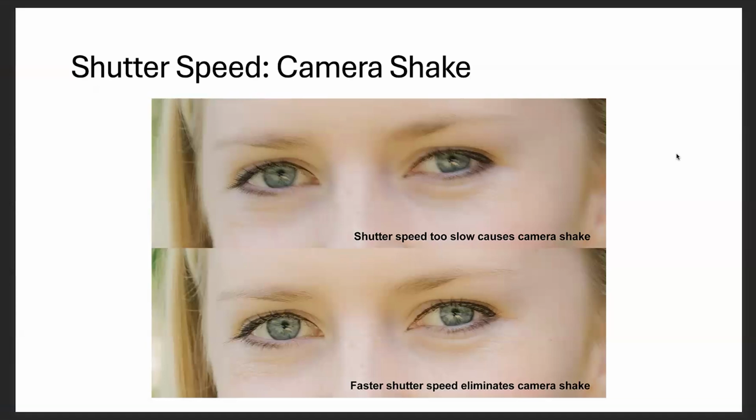Have a tripod. You're going to be so much happier with your images because they're going to be in focus. You are going to prevent using those higher ISO settings, and therefore you're going to be maintaining your image quality.